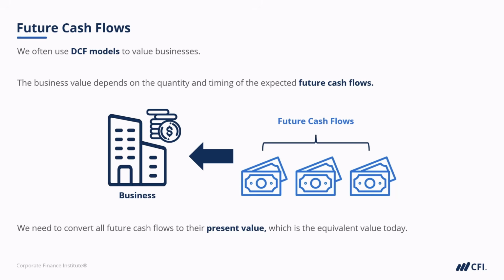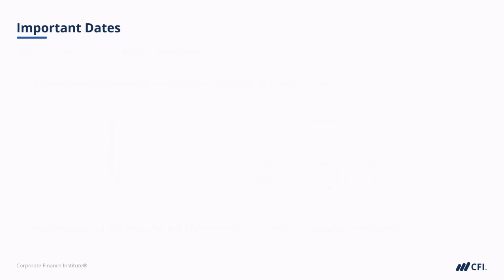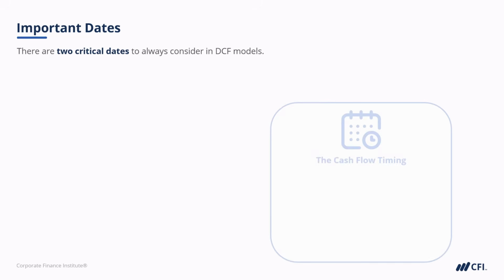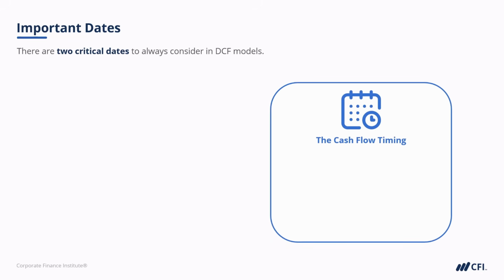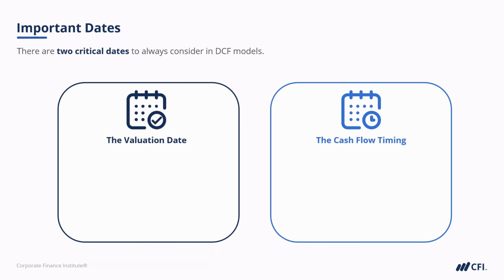Now let's think about some really important dates when we're building DCF models. In fact, there are two critical dates that we always have to consider in these models. Number one, we need to understand the timing of these future cash flows. And number two, we have to know where our valuation date is.